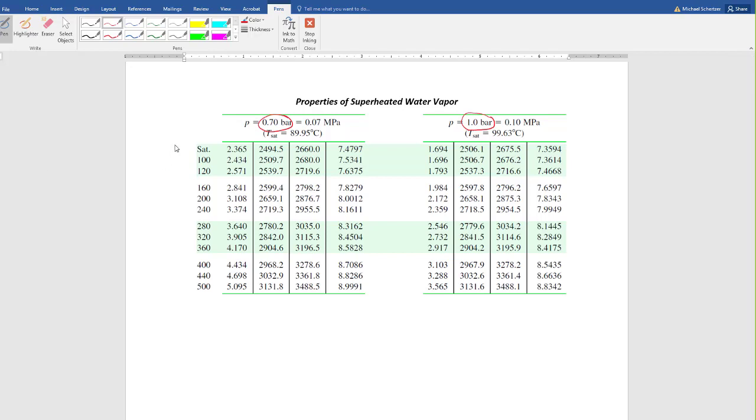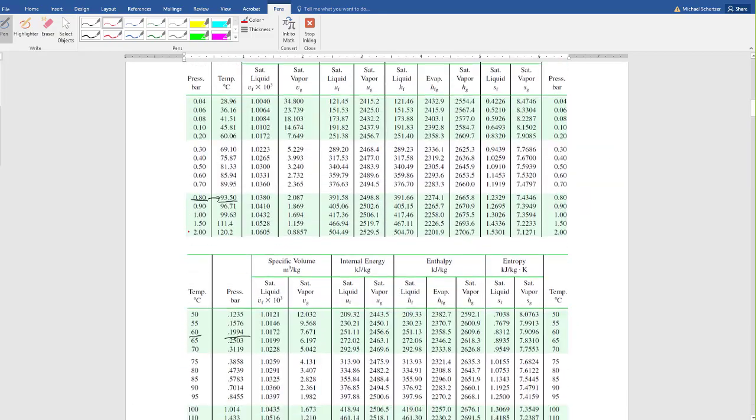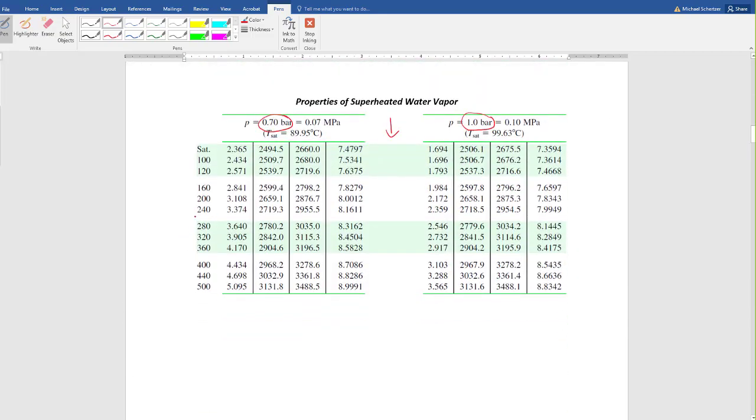We know that we're somewhere in between these two tables in terms of pressure, and the temperature we're looking for is 220 degrees, somewhere in between these two values. This is called double interpolation, because now we have to interpolate with pressure and with temperature.